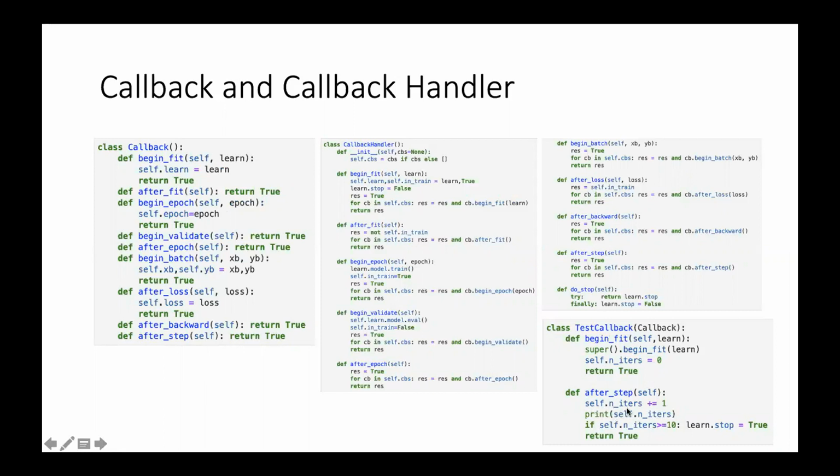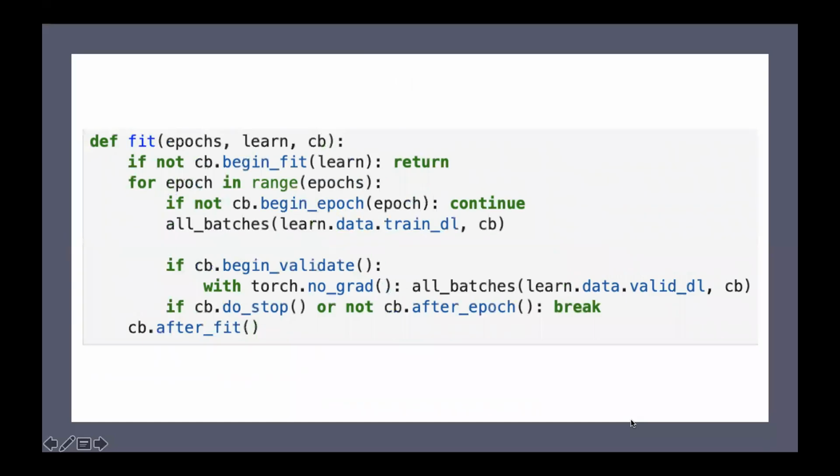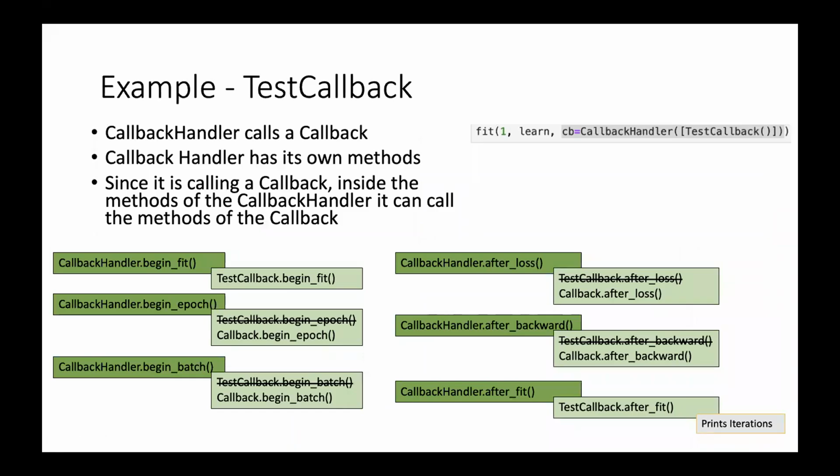It takes in the number of iterations, appends them after every step, checks for the 10th such iteration. If it is more than or equal to 10, it stops there. And before it stops, it prints. So that is what happens when you execute the loop there.